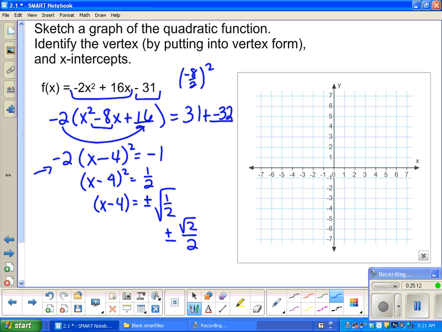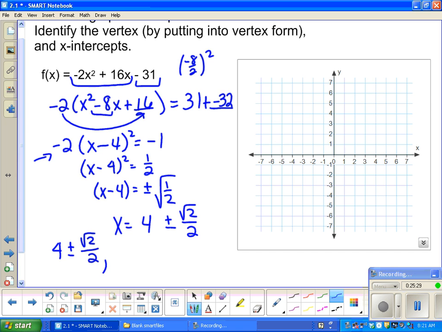We'll talk about this more in class. But then what I'm doing is I'm going to add 4 to both sides. So those are my x-intercepts. It would be 4 plus or minus square root of 2 over 2. Those are my x-intercepts.